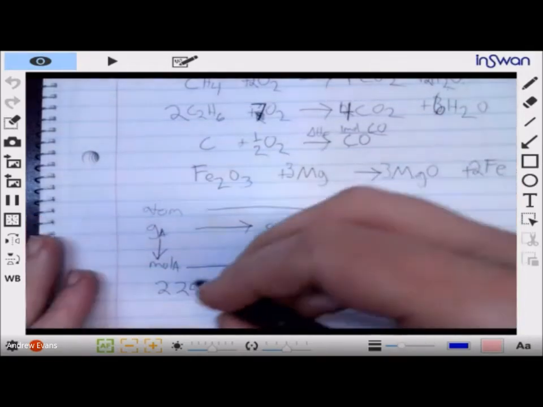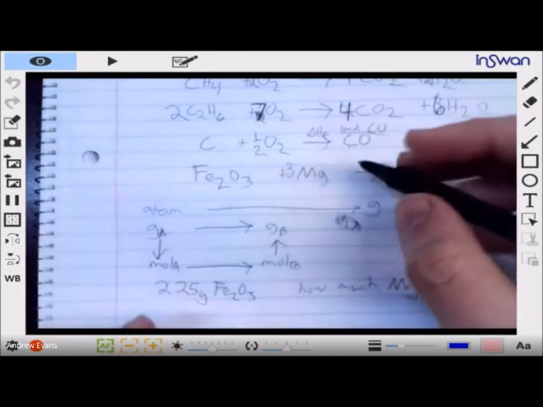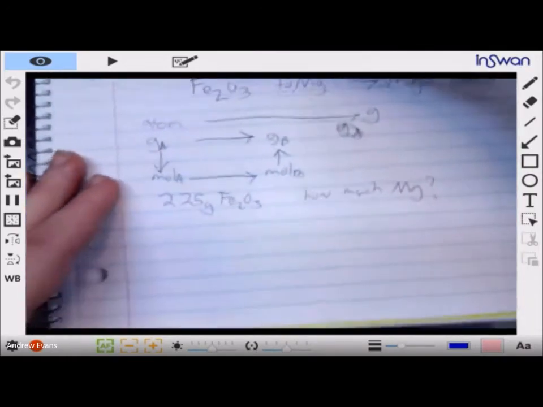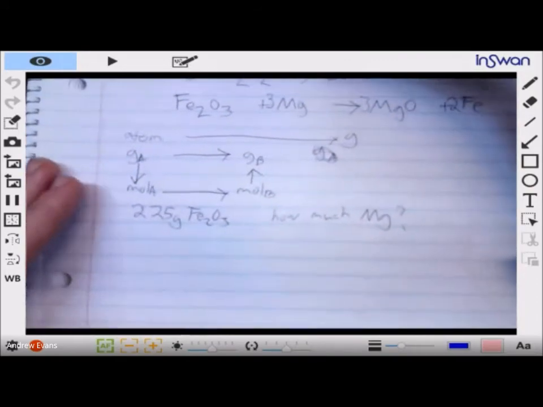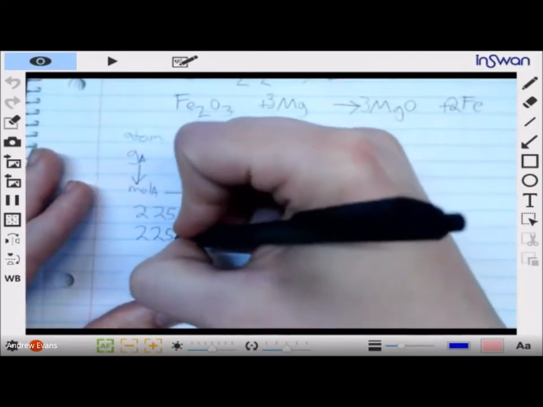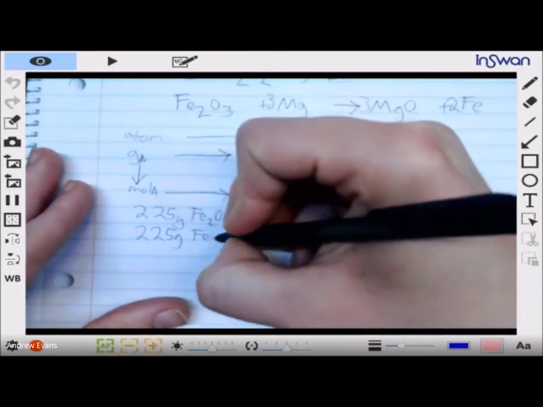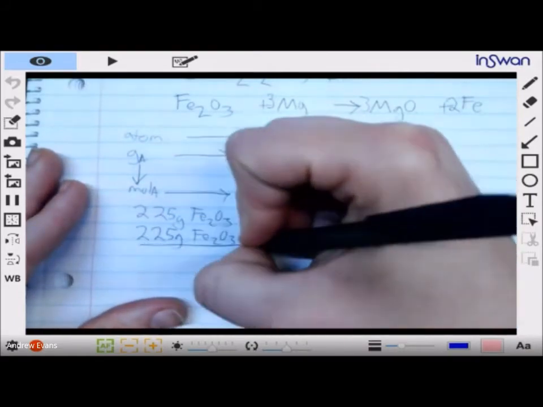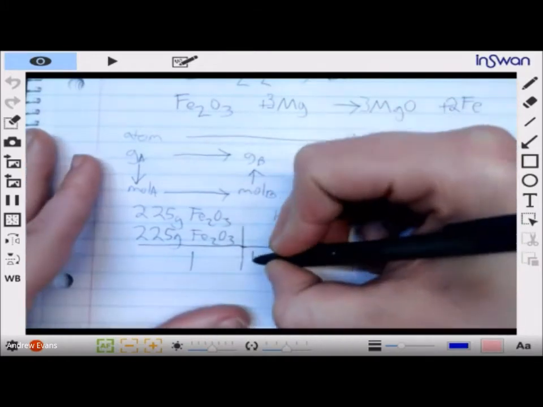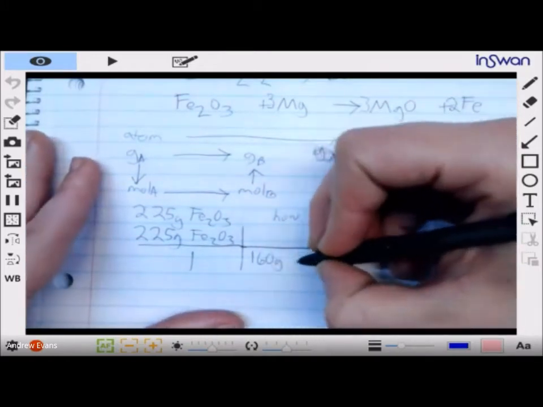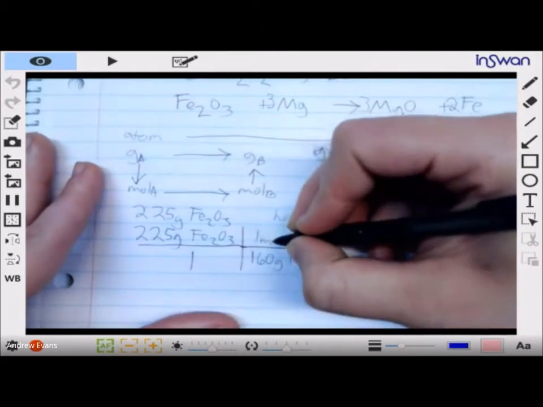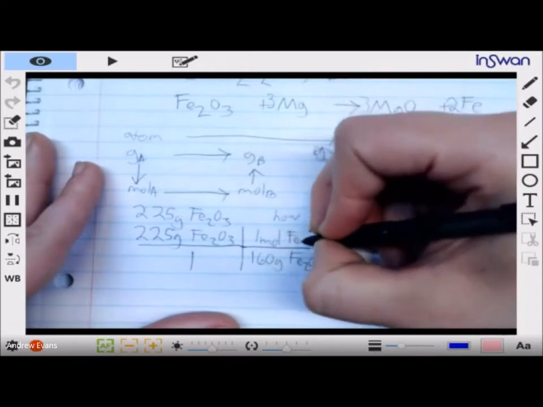This is easy once we understand this basic premise and have our molar masses. Good. So we start with our 225 grams of iron oxide. Once again, we're going to cancel units. Remember, we already determined the molar mass of this to be 160 grams of iron oxide for 1 mole of iron oxide.